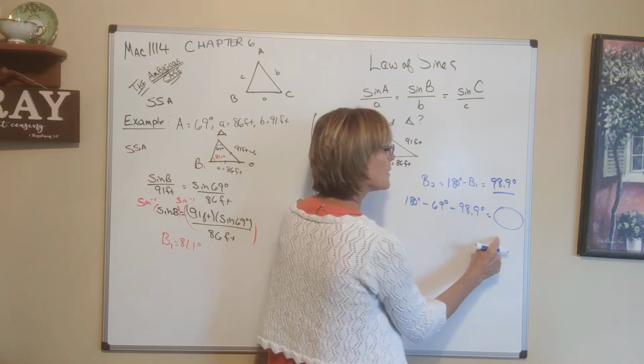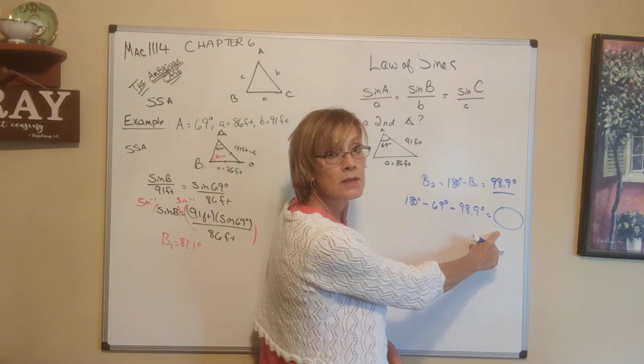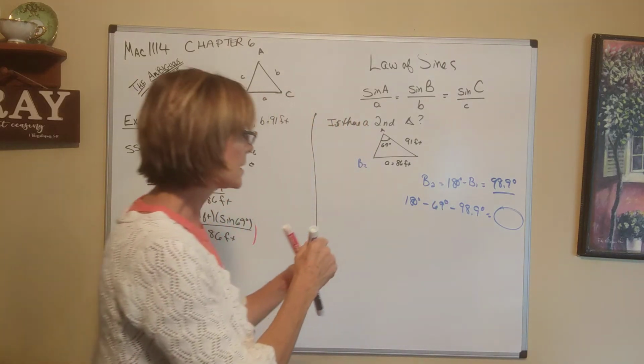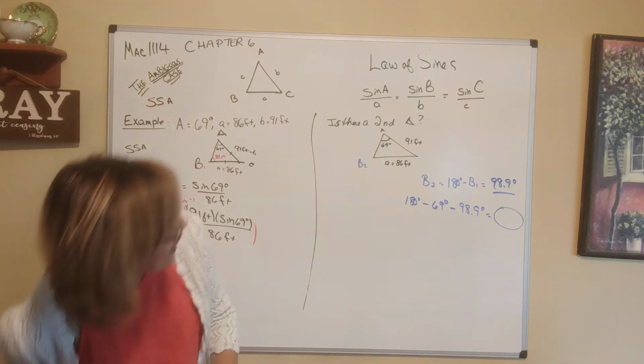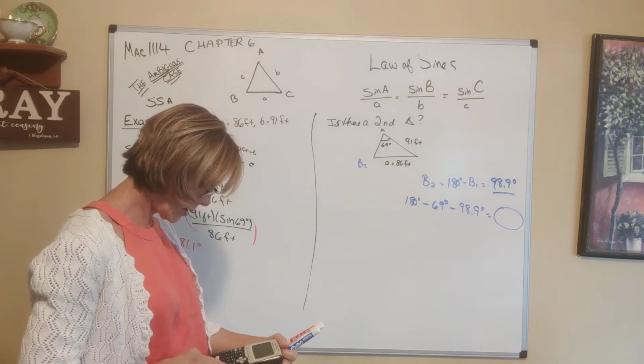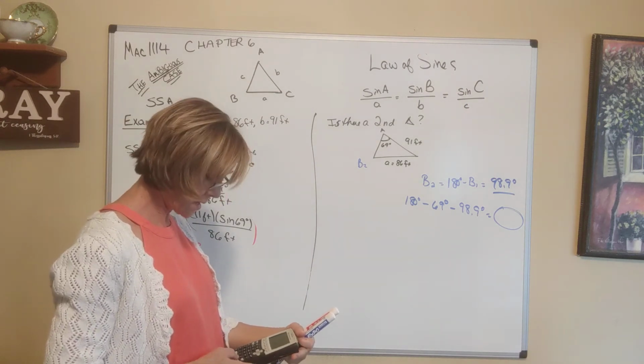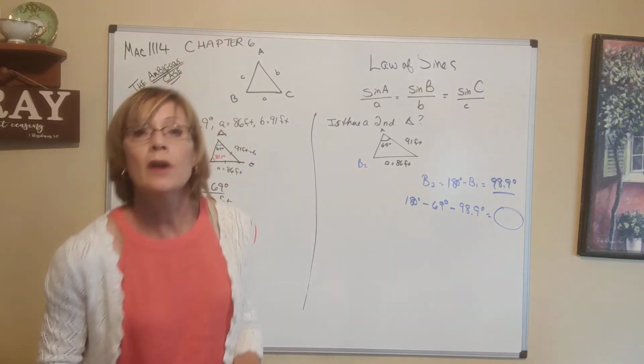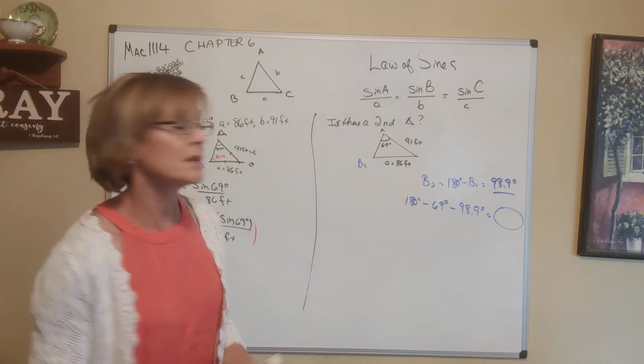And if we get something bigger than 0, we know we can make a second triangle. So let's see what that is. 180 minus 69 minus 98.9 gives me 12.1. That is bigger than 0.